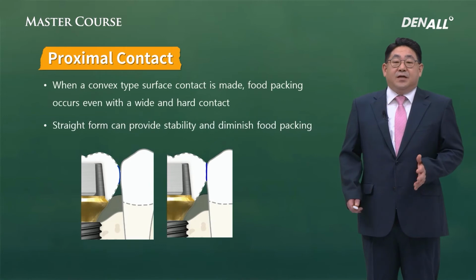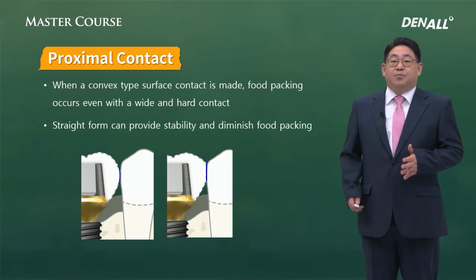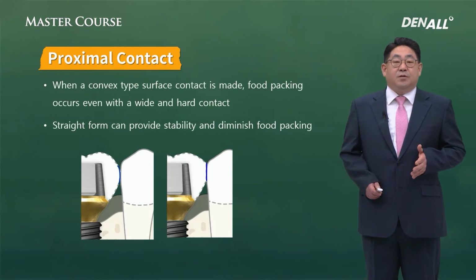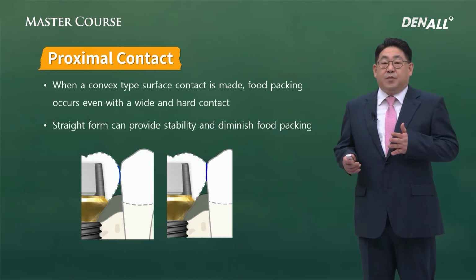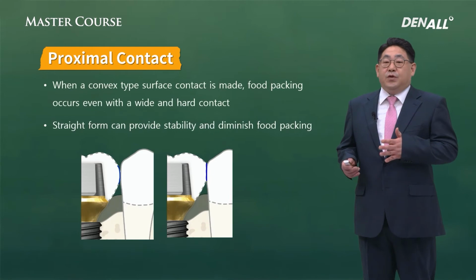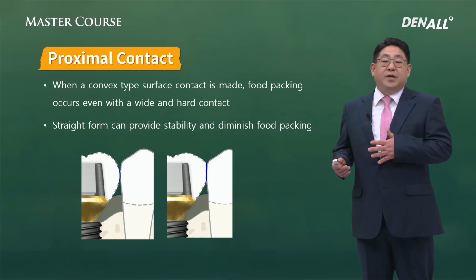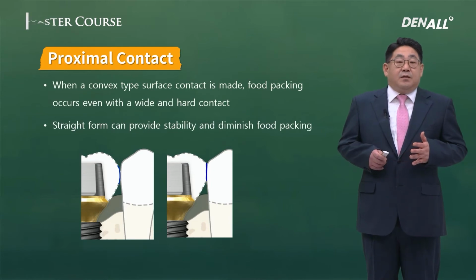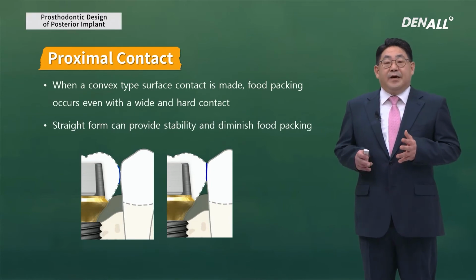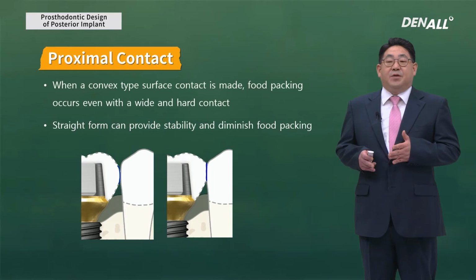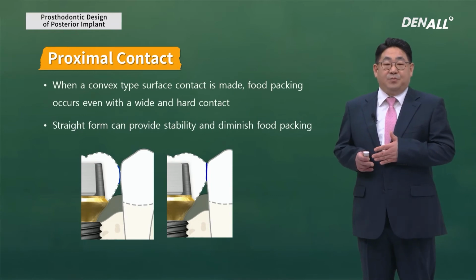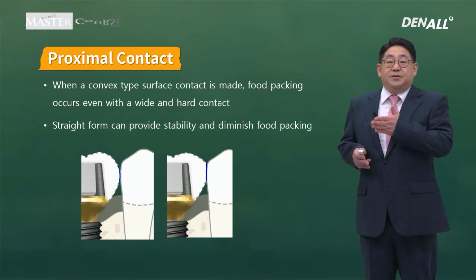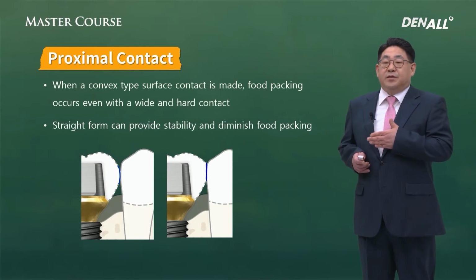Ideal proximal contact in tooth is known as point contact, but clinically speaking, you need to make it similar to the proximal contact of adjacent tooth and position. Point contact, even though if it is tight, a lot of patients complain of food impaction as shown in this image. It is more stable to provide a straight surface contact.